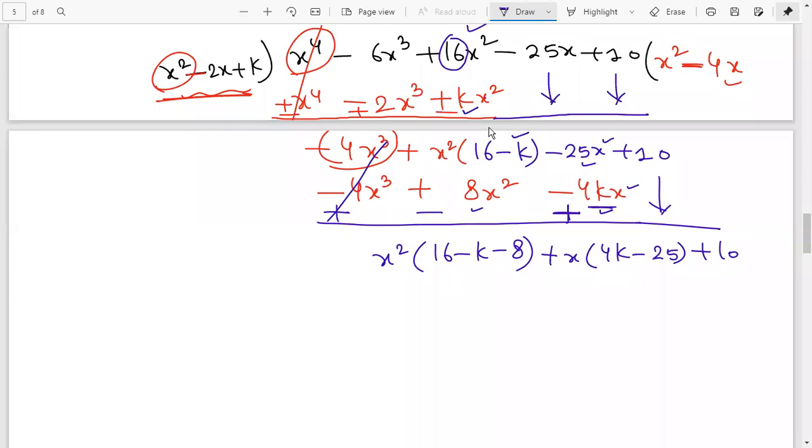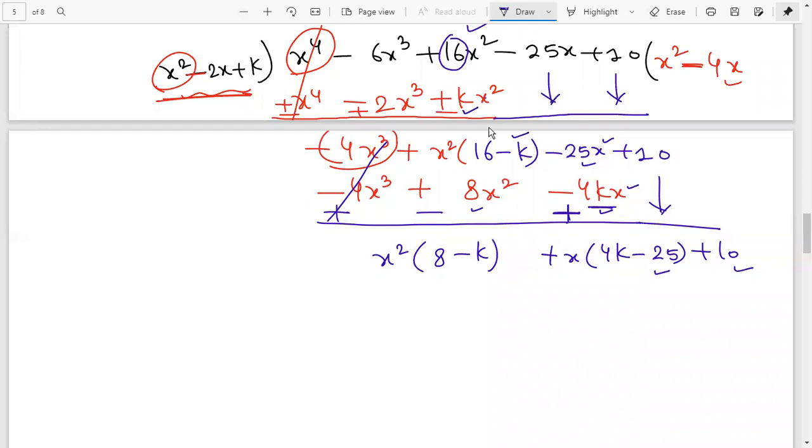Now we will simplify these values once again. This value is already simplified, this is also simplified. Here we can simplify: what is 16 minus 8? It is 8. So we write 8 minus k.